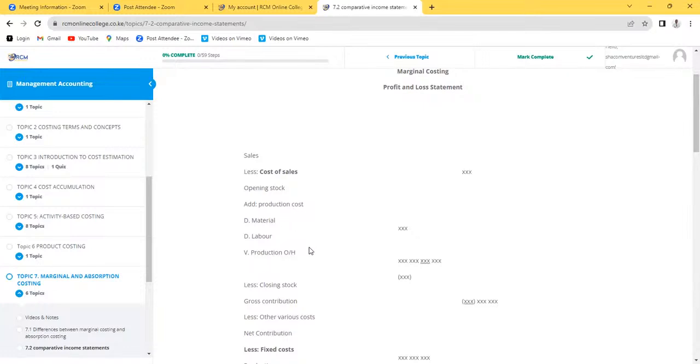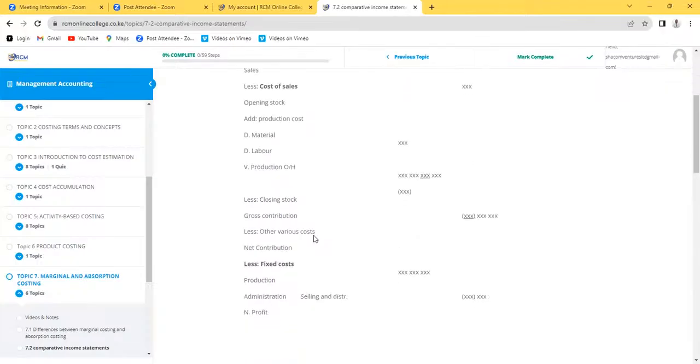Having added the two, you multiply by the units that were produced. Then you get what we call gross contribution. We less other variable costs. When you less other variable or non-production variable cost, you arrive at what you call net contribution.